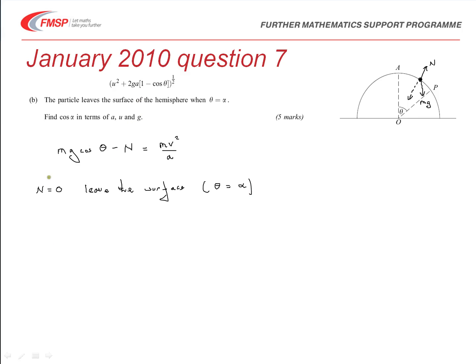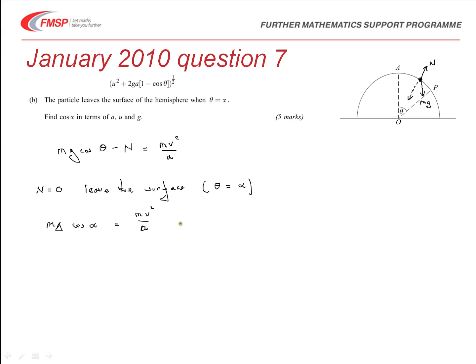So if N is 0, that is now telling us that mg cos alpha is equal to mv squared over r, where a is the radius of the circle.